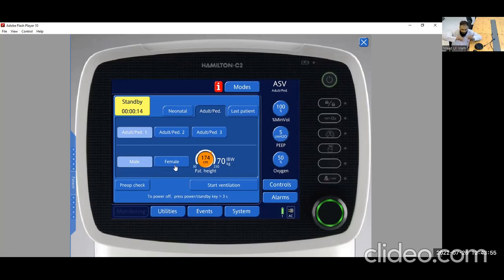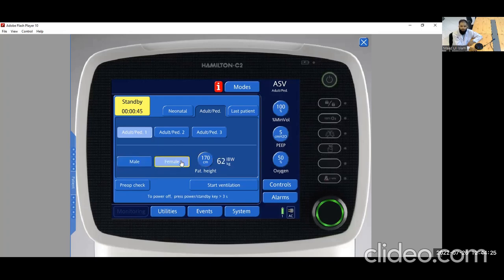So for finding the ideal body weight of a patient in kilograms, first we measure the height of the patient. If the measured height is 170 centimeters, like we see that the height of the patient is 170 centimeters and the patient is male, the ideal body weight is 66 kg.